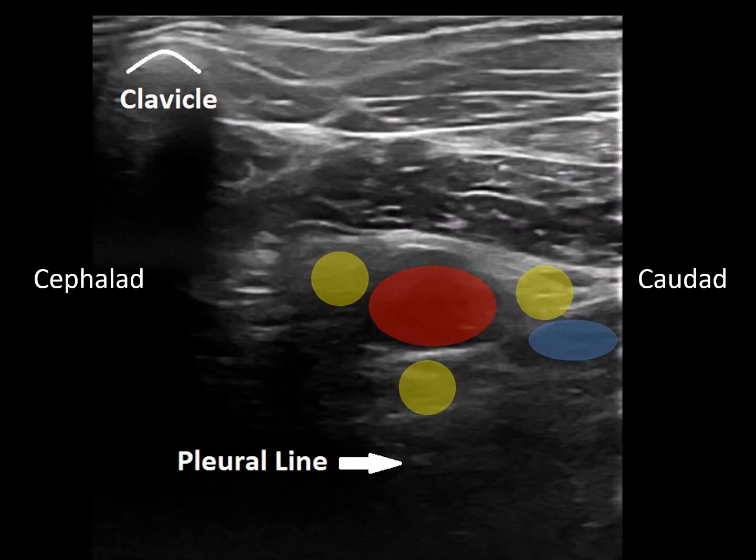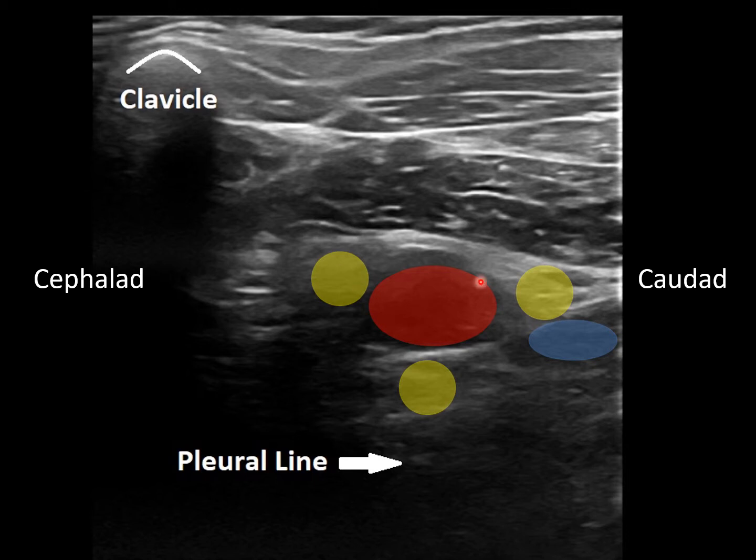In this still ultrasound image, we're able to see all the landmarks needed to perform this block. Towards the head, we see the bright border and shadowing of the clavicle. The axillary artery is seen here in its short axis, highlighted in red.